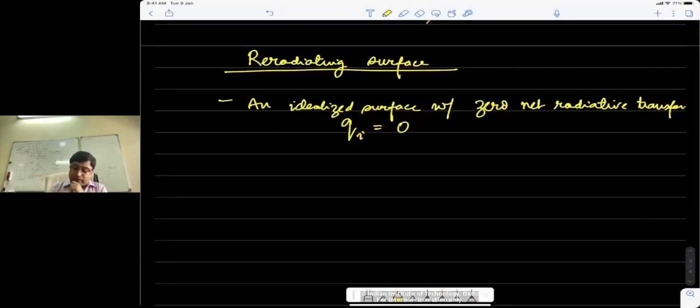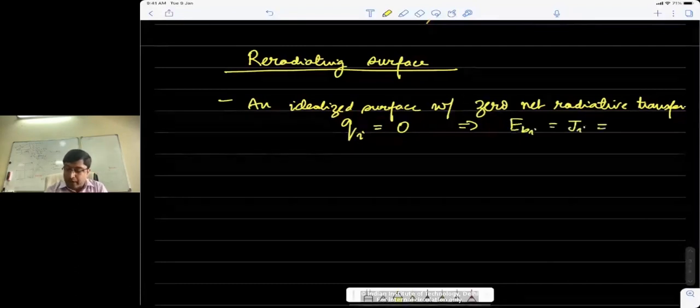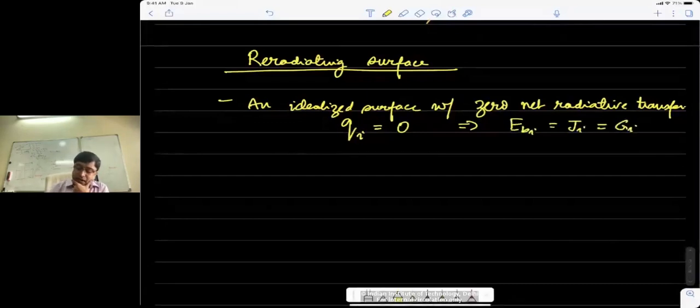Now, because Qi is 0, this actually works out. If you look at what we have been doing so far, if Qi is 0, then in that case, EBI becomes equal to the radiosity, which is also equal to the irradiation. This is based on our analysis from the last lecture.